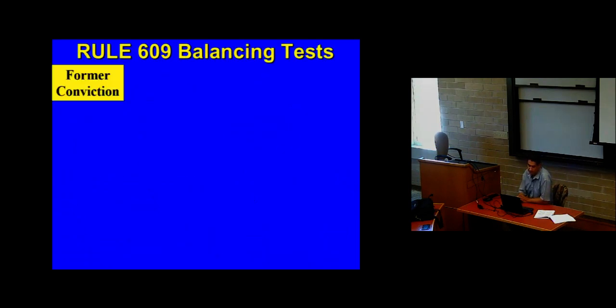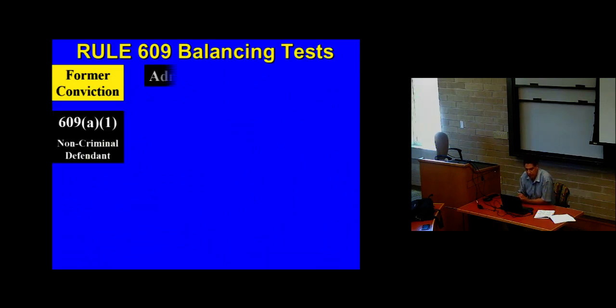Okay, so the balancing test. These are helpful ways to think of it. If you have a non-criminal defendant witness, everything is going to be admissible if the probative value outweighs the prejudicial effect, and even if the balance is all the way like this, it's still admissible.